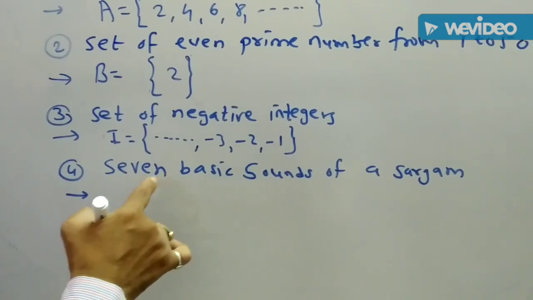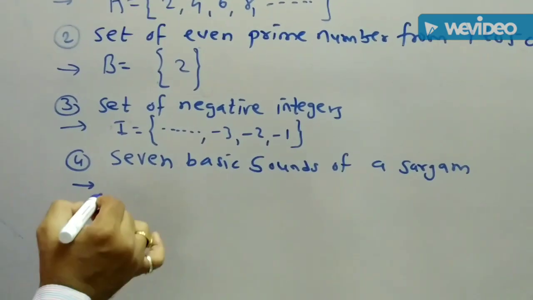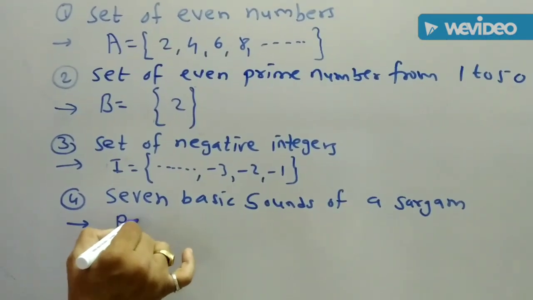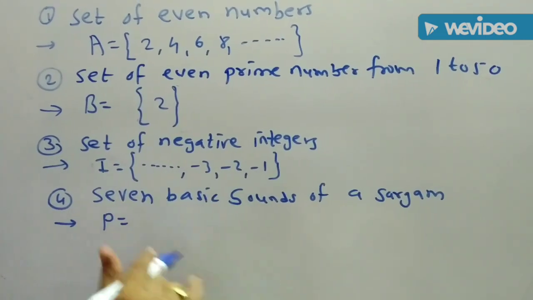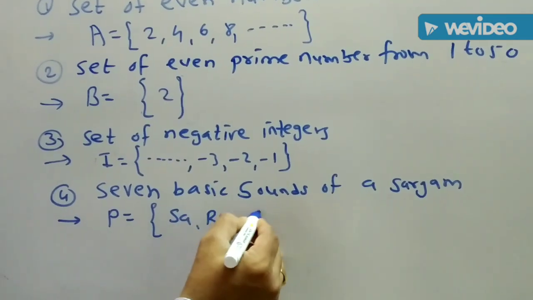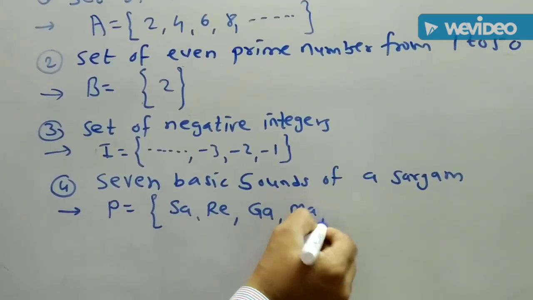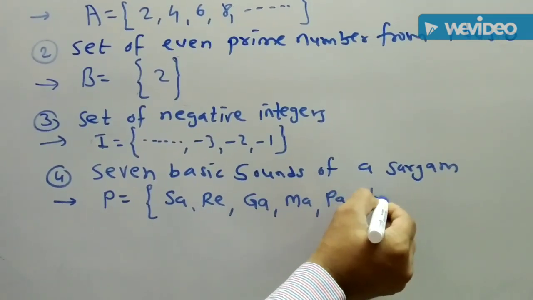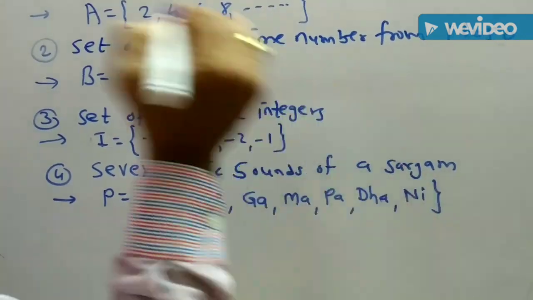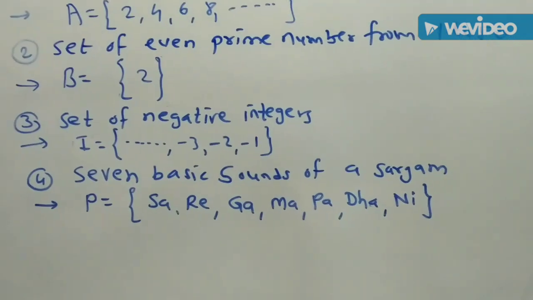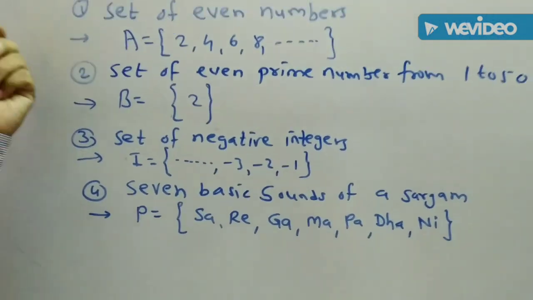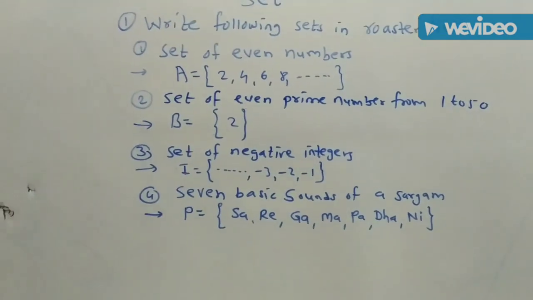And then the last one, 7 basic sounds of sargam, suppose I take it as P. Now there are 7 basic sounds in sargam: sa, re, ga, ma, pa, dha, ni, and again sa. These are the 7 basic sounds of the Sargam. This is the first example which we write in roster form.